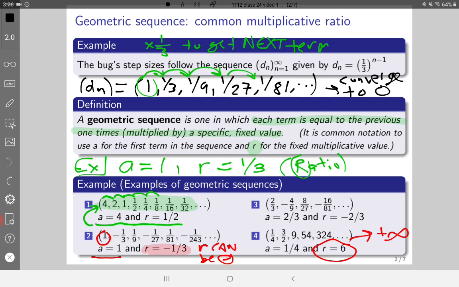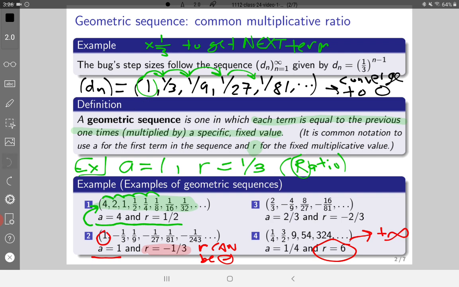Look at, for example, bullet point number 2 down on the bottom left here. That's effectively the same sequence, but I introduced the alternating plus minus by making r negative 1/3 instead of positive 1/3. But look at those terms. They're the same numbers. 1, a third, or negative a third, a ninth, or negative a ninth, a 27th, or negative a 27th. They're the same numbers, they just have alternating signs.